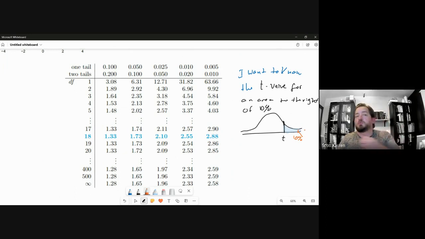If I just want it in one tail, I'm going to be looking at the one tail. I'm going to find the number that is associated with 10%, which is 0.100, right? So this is it. I need to know how many samples I have. So let's say I have 20 in my sample.